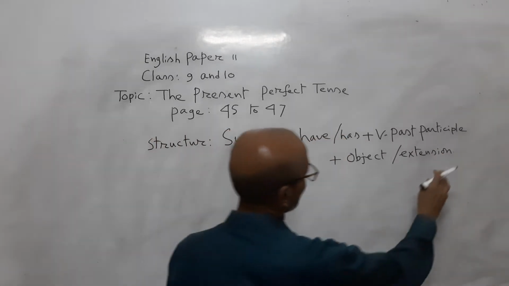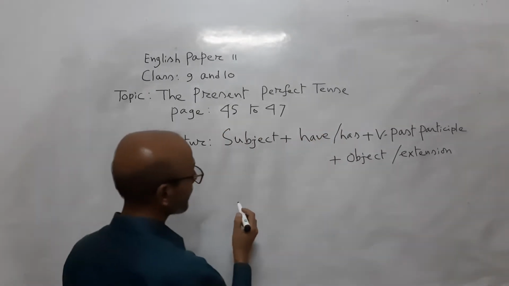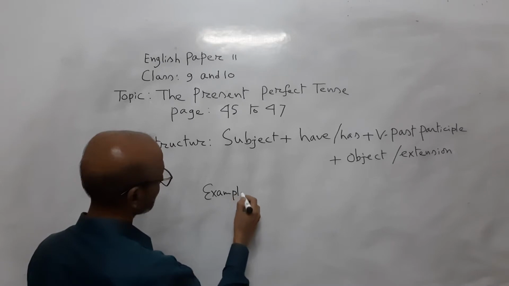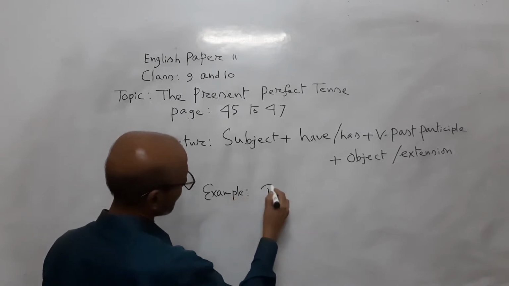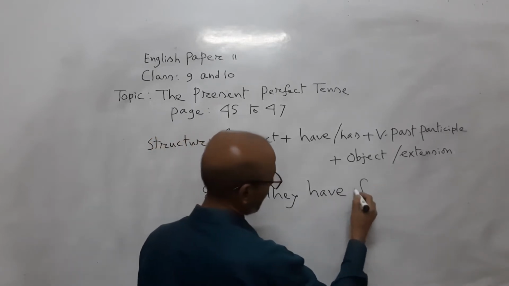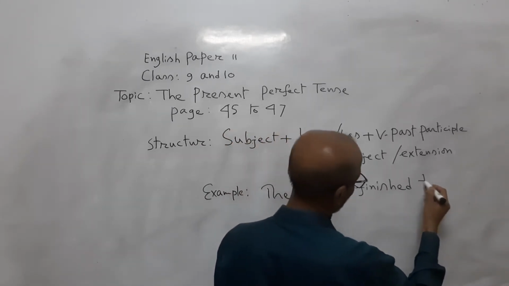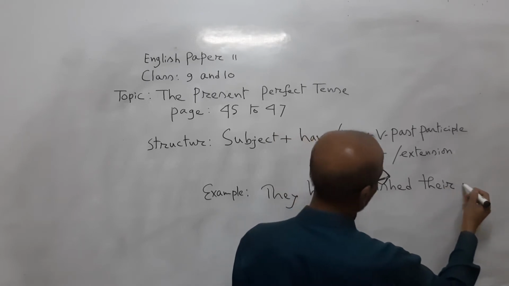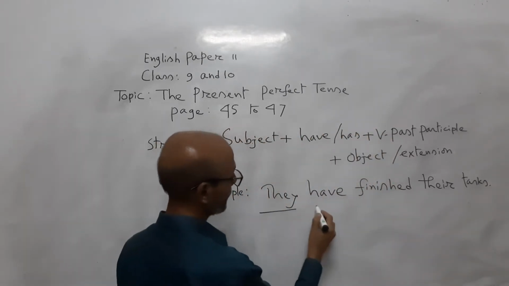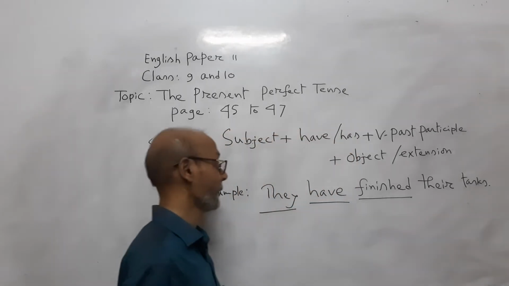If we write a sentence, this example will clear your idea. Example, they have finished, F-I-N-I-S-H, their tasks. So look at here, subject, have, first participle and their object.